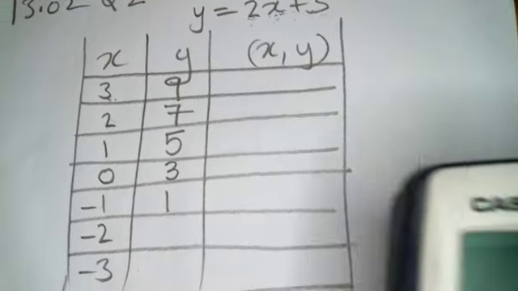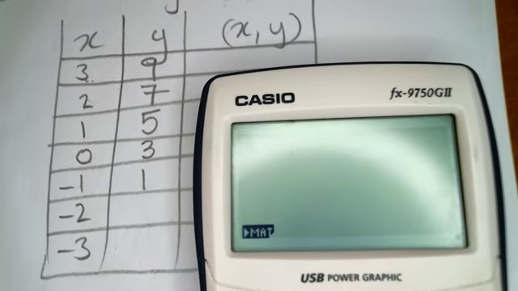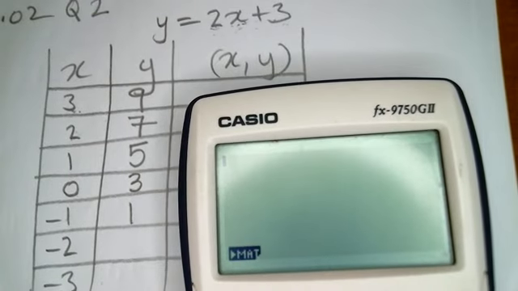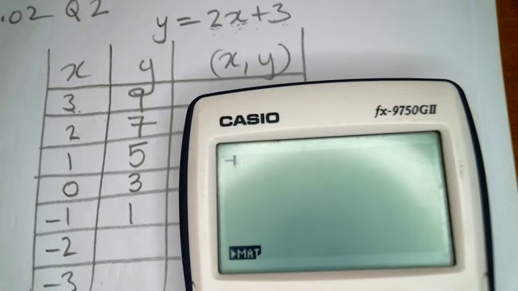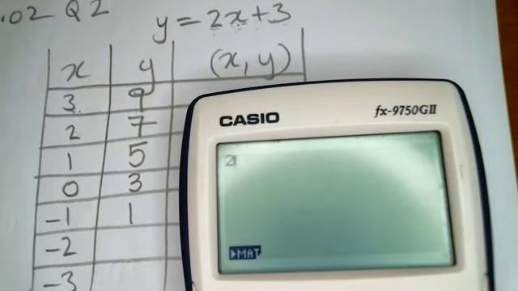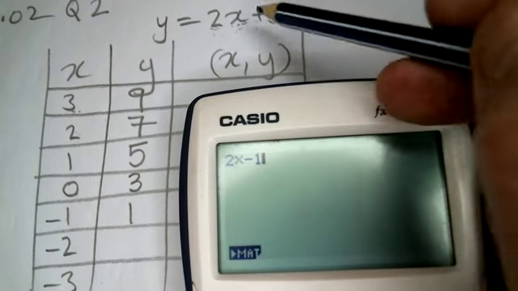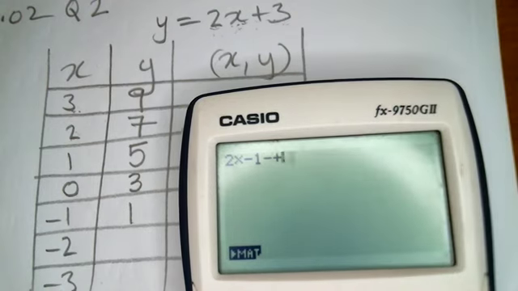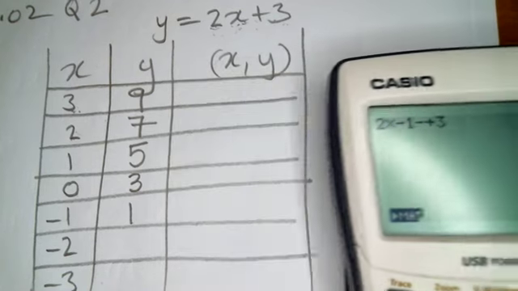Let's see if that's true. Oh, sorry, it's 2 times -2. Here we go. 2 times -2 plus 3, and it says -5. Okay.